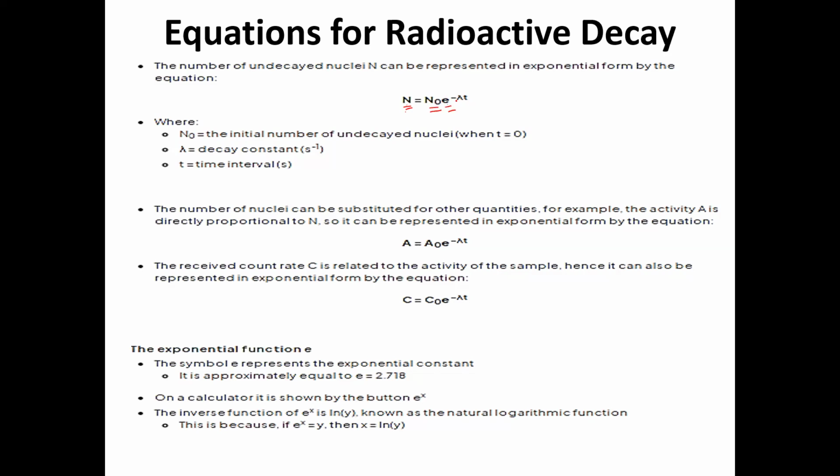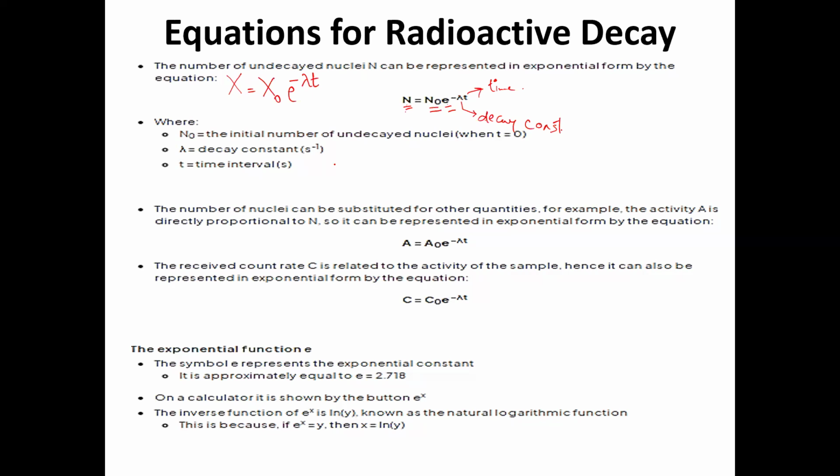Negative shows that it is decaying. This lambda is called the decay constant, which we just studied previously. And what is t? In how much time the nuclei are decaying from one number to another. So the general equation for radioactive decay is: x equals x naught e power minus lambda times t.